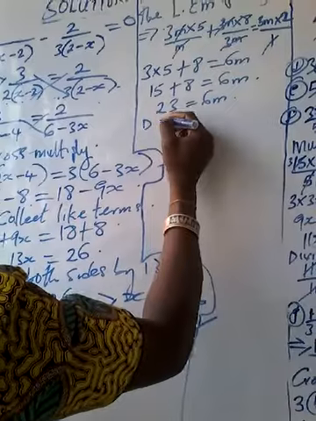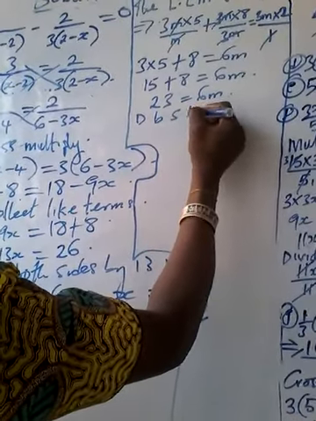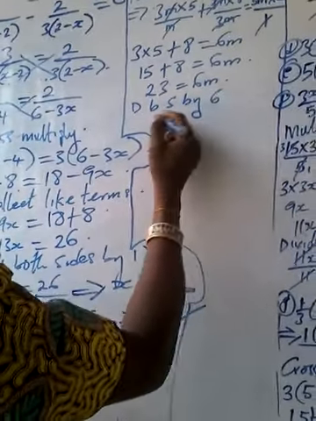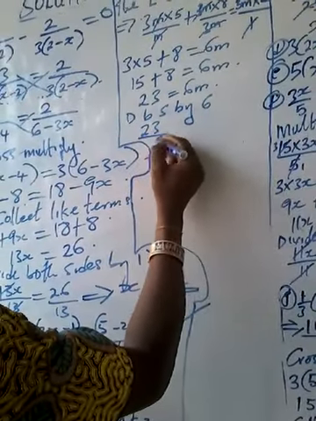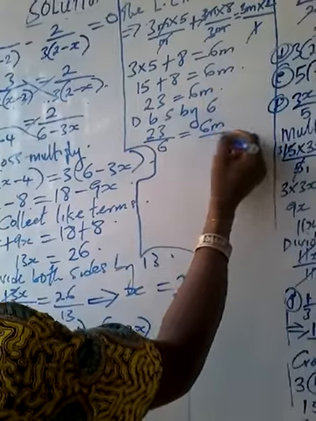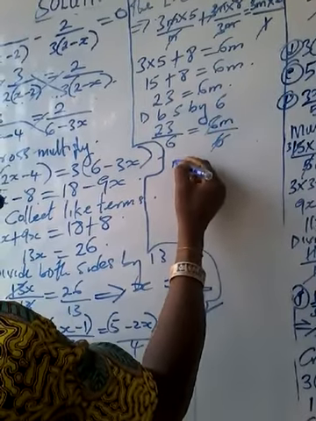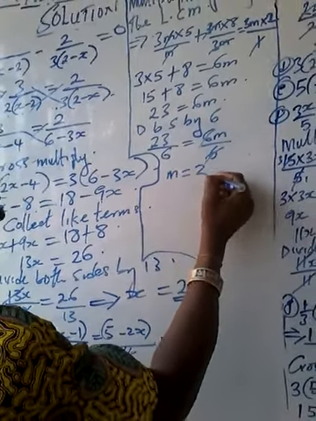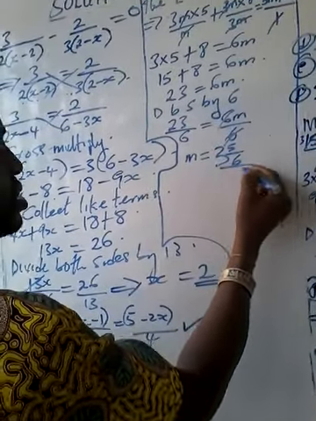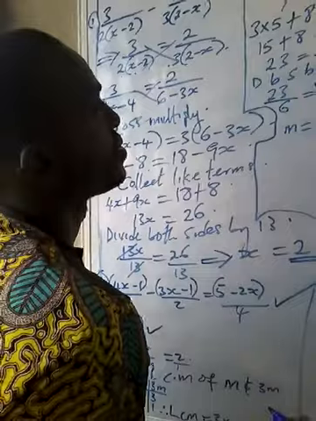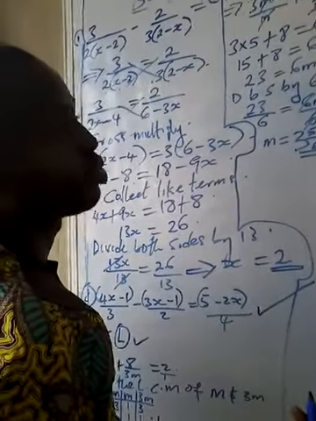Then you divide both sides by 6. 23 divided by 6 is equal to 6m all over 6. And your m will be equal to 3 whole number 5 over 6. That is what your m will be.